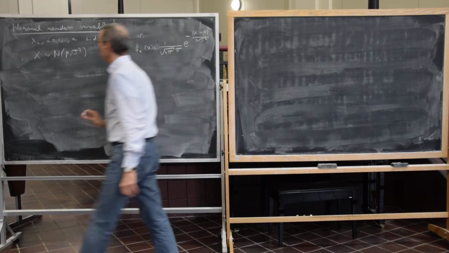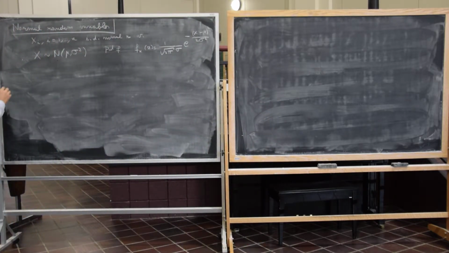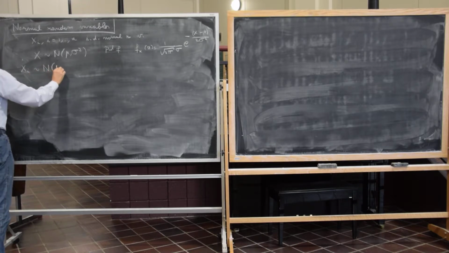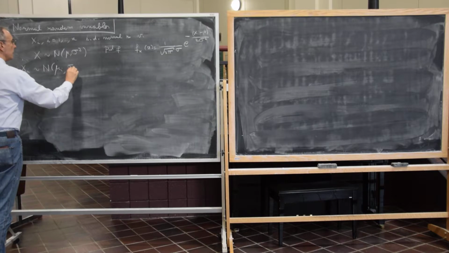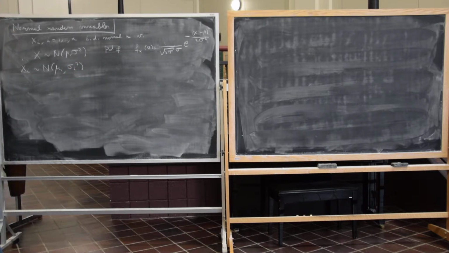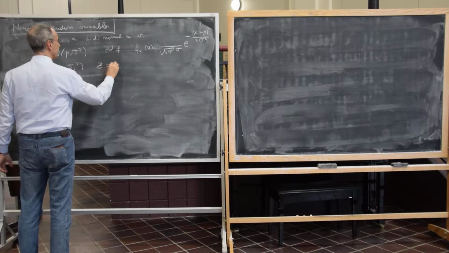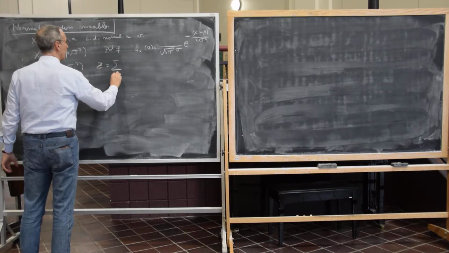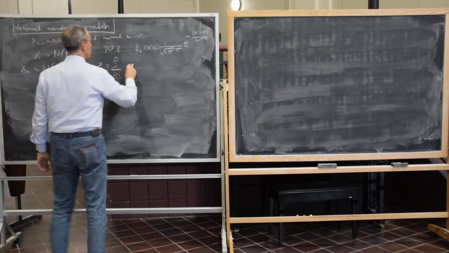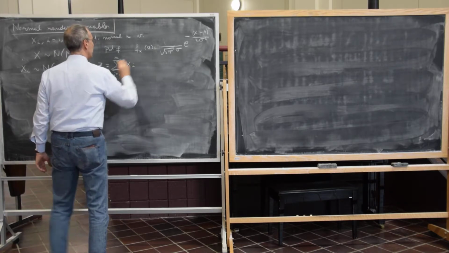So the claim is the following, that suppose you have xi, so xi are independent and normal mu_i, sigma_i squared. Then I take the function z, the sum i equals 1 to n of xi.